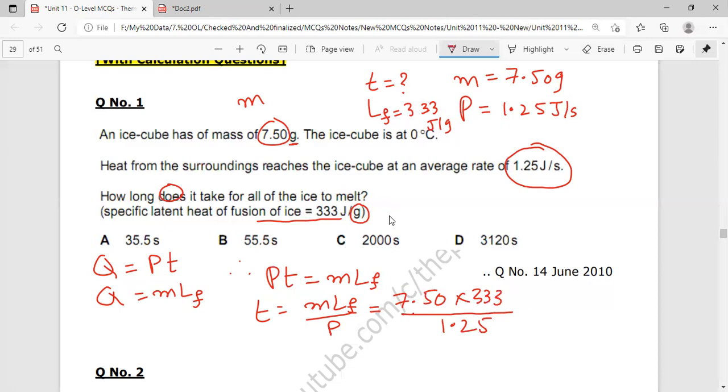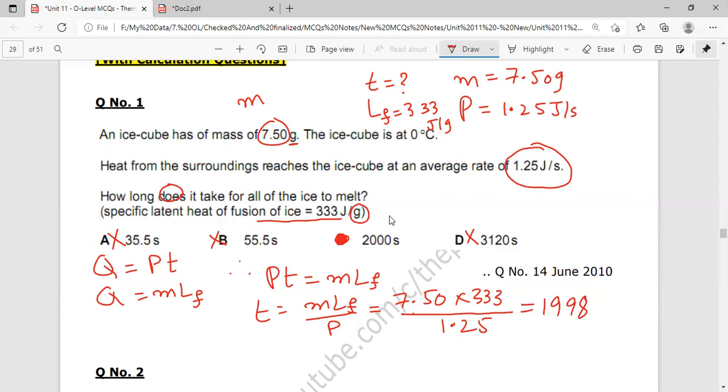So 1998. And now we will check from the options. Option A not possible, B not possible, D not possible. So 1998 approximately matches with option C. So option C is the correct answer.